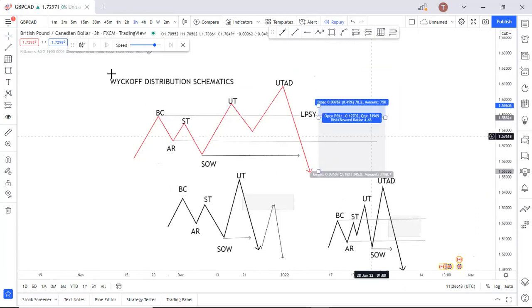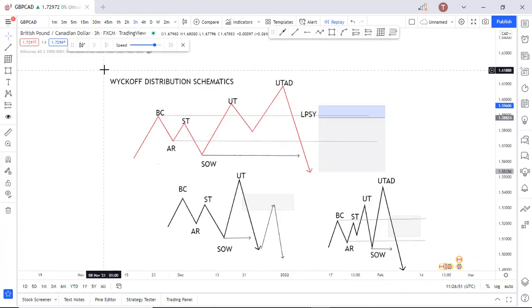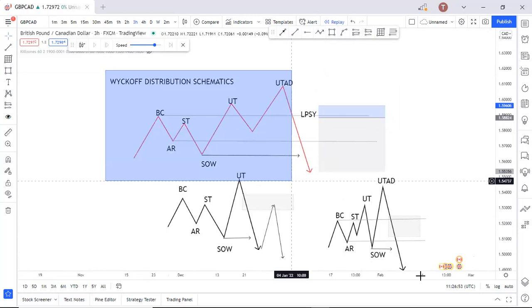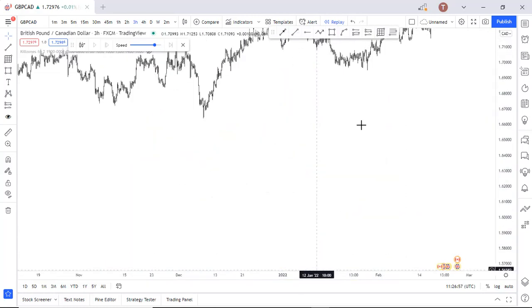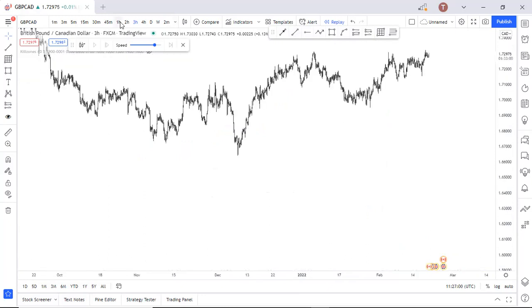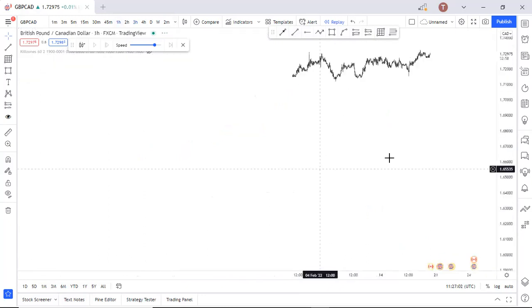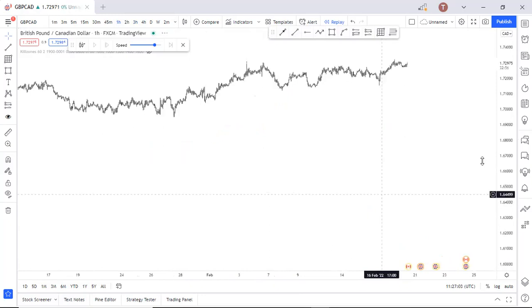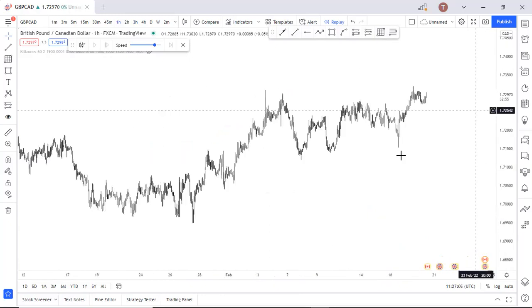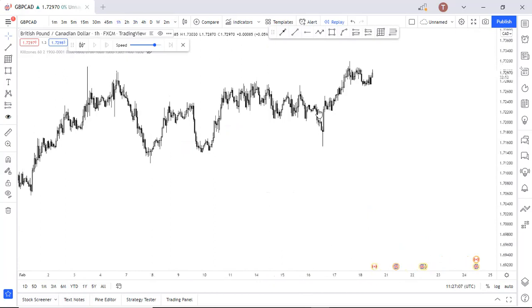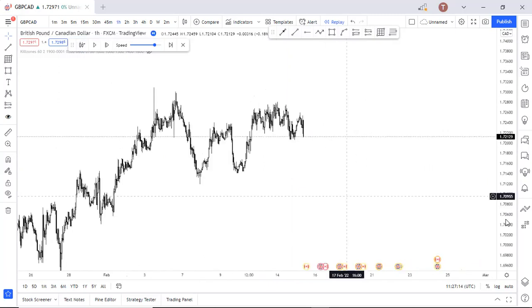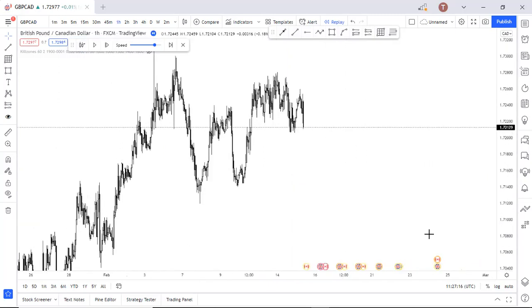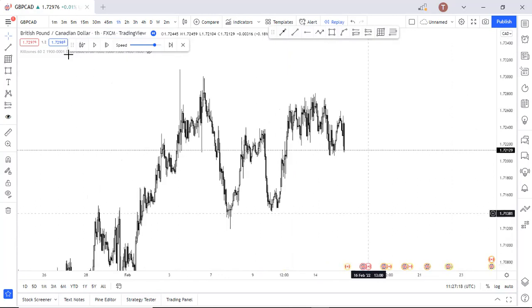So now let's go to a real chart and look for this distribution schematic. Starting on the 1 hour time frame, we'll be using GBPCAD as our case study.